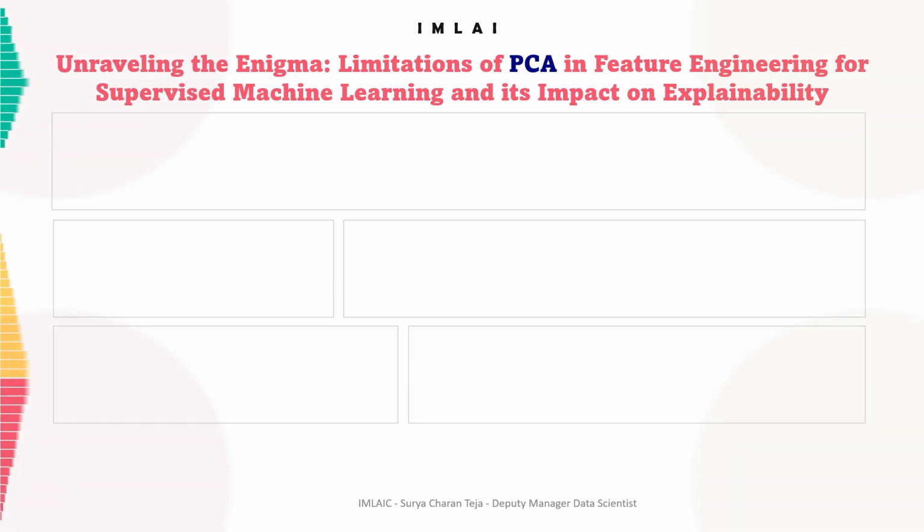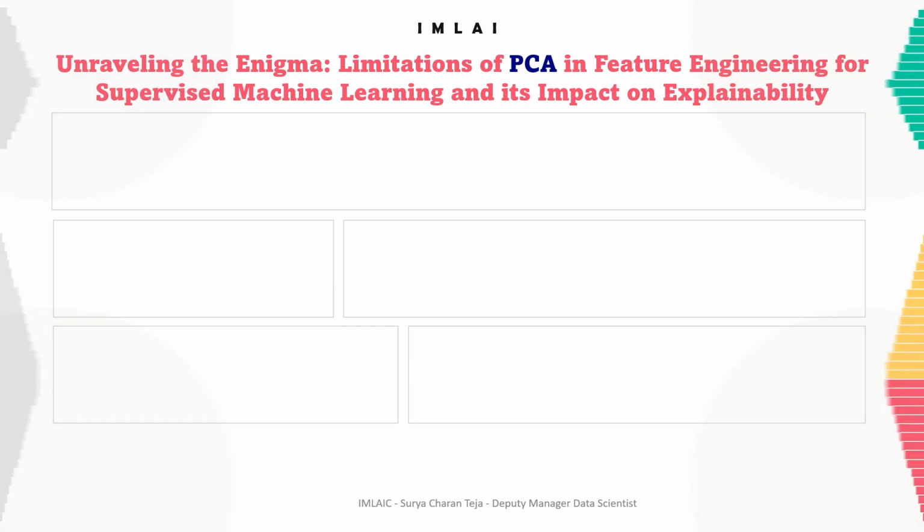So let's unravel the enigma: limitations of PCA in feature engineering for supervised machine learning and its impact on explainability. PCA indeed has some limitations and considerations when used in the feature engineering phase of the supervised machine learning process.